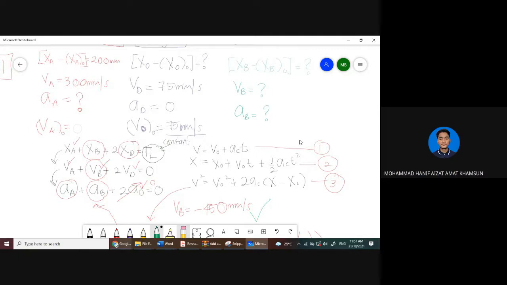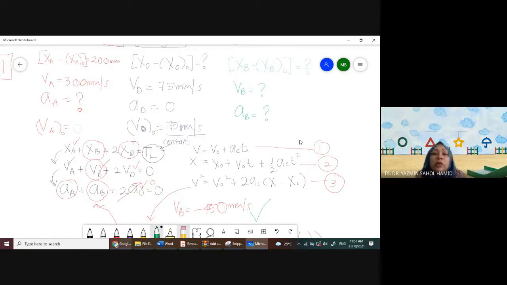The third one. Okay, now you want to use the third equation to find the change of position of D. But if you choose the third equation, our acceleration at D is 0. So what will happen? Do you understand, guys?